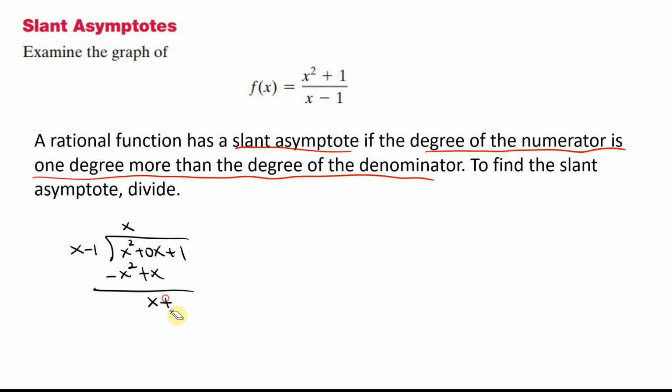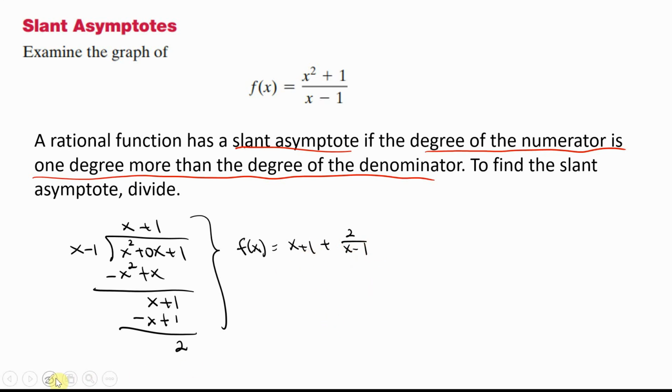Bring down the x, bring down the 1, divide x into x, that goes 1 time. 1 times x is x. 1 times negative 1 is negative 1. Draw a line, subtract, that becomes negative, becomes positive, remainder 2. So in this division, we have this function, and this is f of x equal to x plus 1 plus 2 over x minus 1.